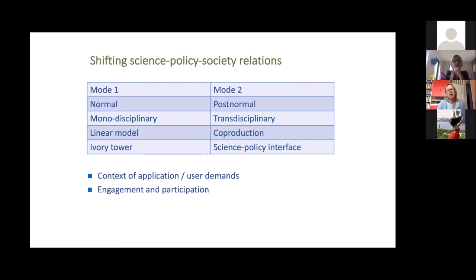What they have in common is that they take the context of application and the demands of prospective users of knowledge very seriously, and they try to organize this by means of engagement and participatory approaches.